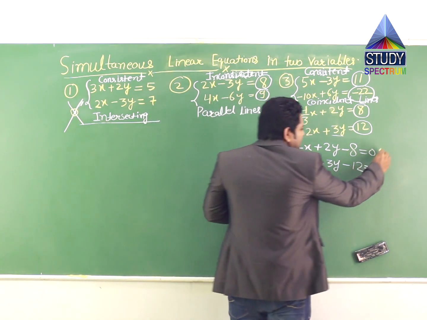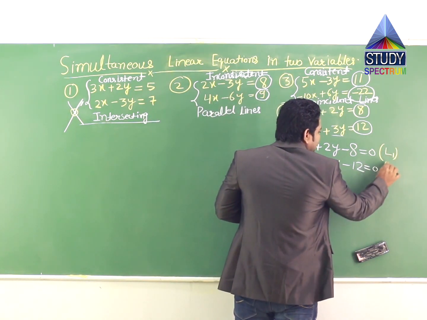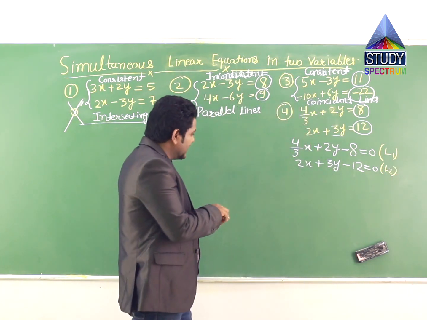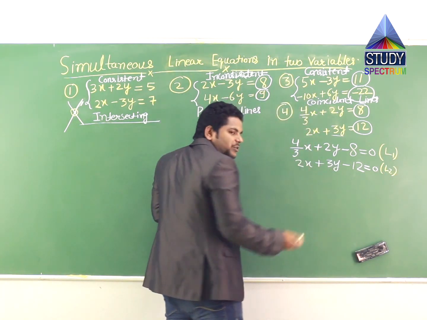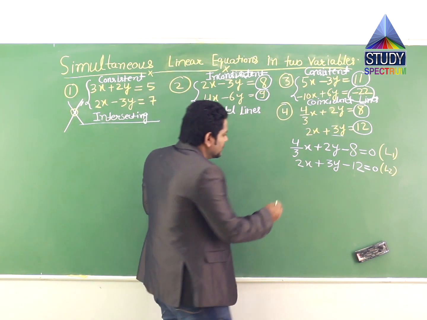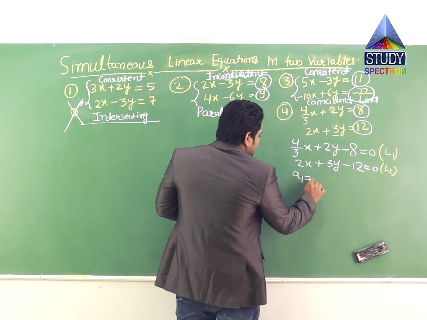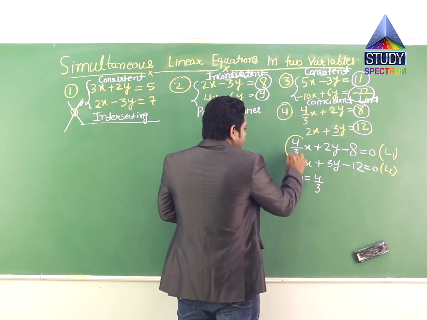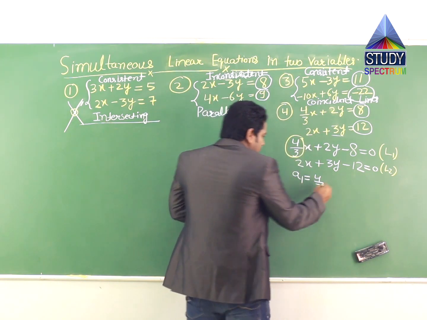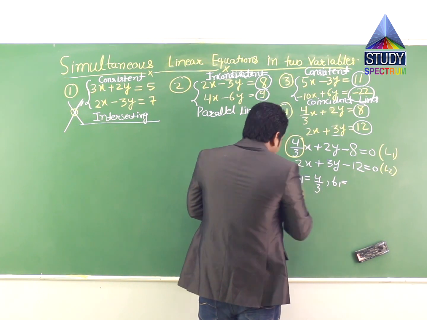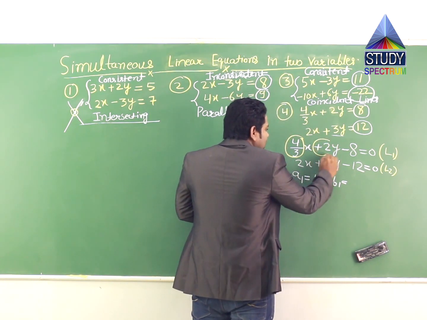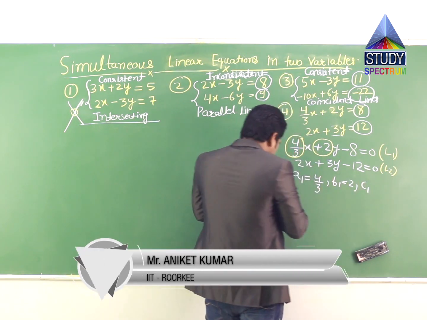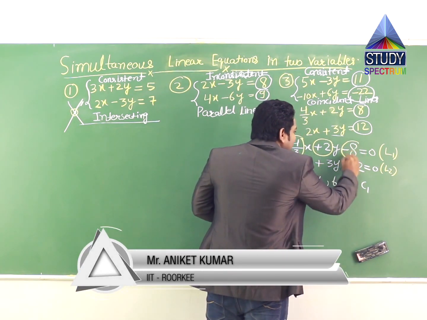Again, suppose this is line L1 and this is line L2. So again we'll write A1 and A2, B1, B2 and C1, C2. Here A1 is 4 by 3, B1 is plus 2, and C1 is minus 8.